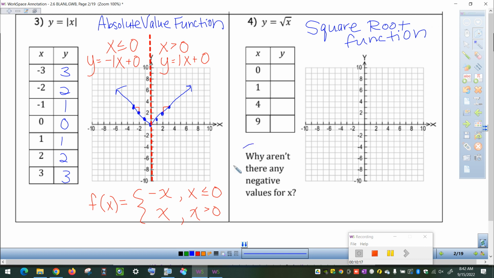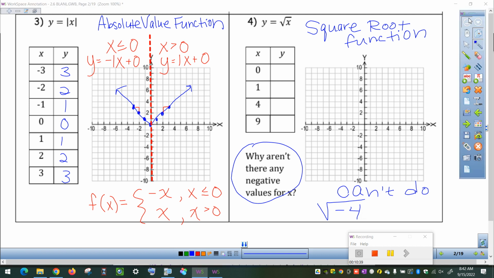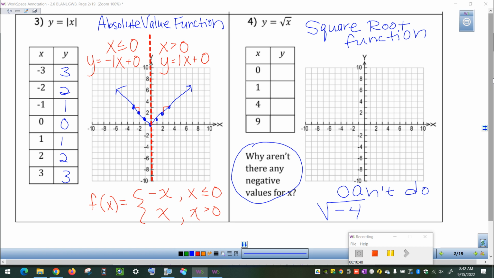And so let's think about that. The reason that we don't have any negatives here is because we can't do the square root of a negative number. So for example, like if we were to put something in there like -4, that doesn't actually work, because when we're trying to figure out what the square root is, the square root means what number multiplied by itself equals -4.